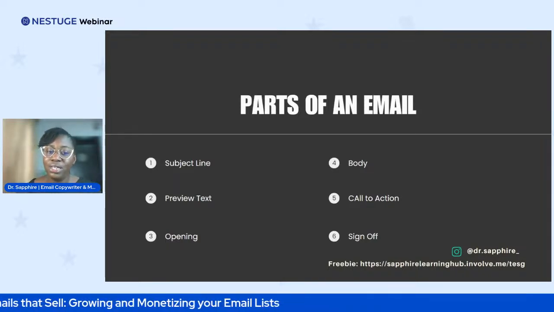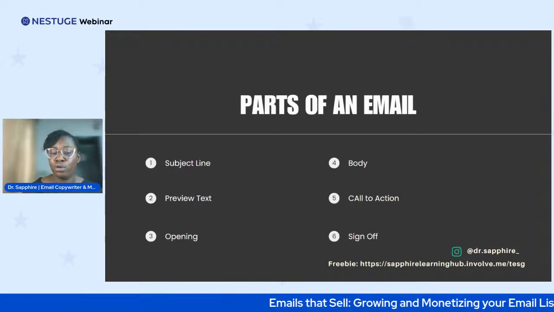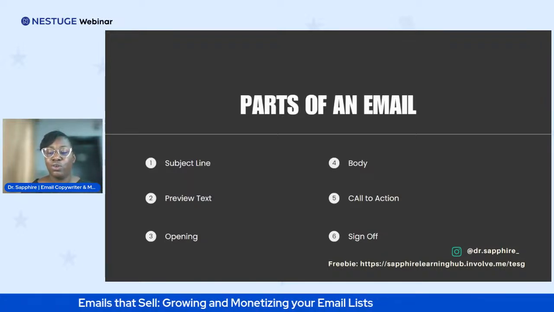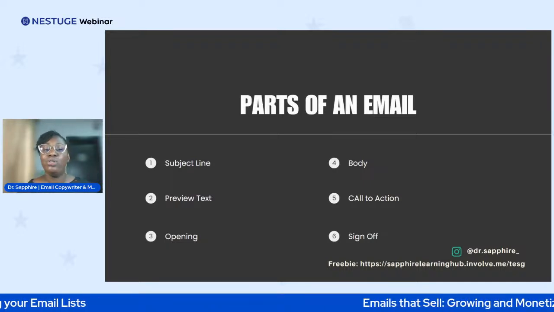And each of these are very important because they have a function. So when you're writing your emails, you keep this in mind because the subject line is simply what somebody is going to see that would make them want to open the email and actually go ahead to give it a read, right?